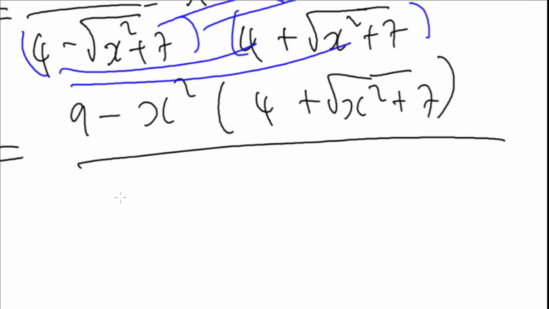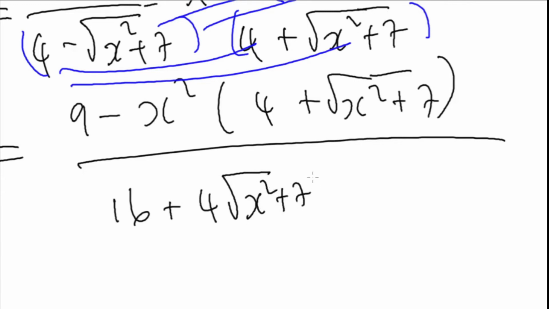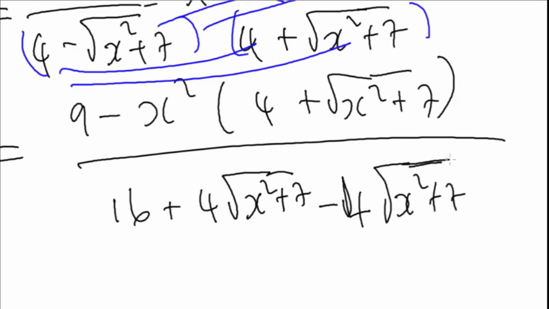So it's 4 times 4 is 16, and 4 times this is plus 4 square root of x squared plus 7, and this times 4 is minus the same, and this times this gives you that one squared, but it will have a negative sign.